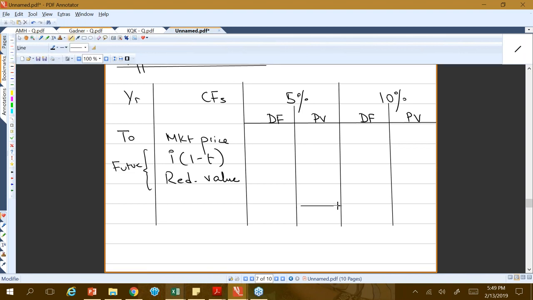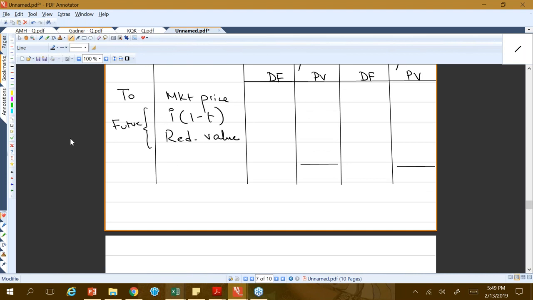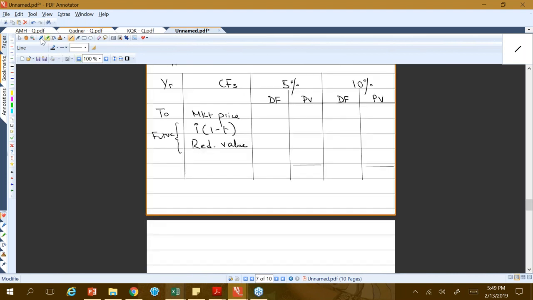And once we have found the present values, then KD(1-T) is the low rate plus the present value at the low rate over the present value at the low rate minus the present value at the high rate, times the high rate minus the low rate. The IRR approach. And that is it. This gives us the KD(1-T).